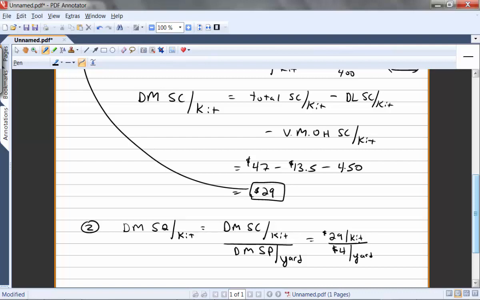So per kit we expect to use 7.25 yards of direct materials.